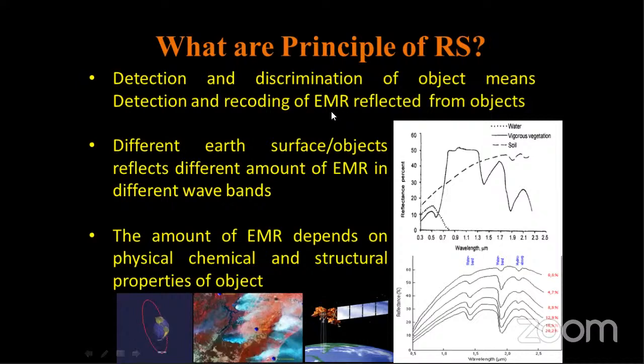I told you there are three principles. One is measurement of light. The second is that different objects reflect different amounts of energy. But this amount depends on the physical, chemical, and structural property of the material.